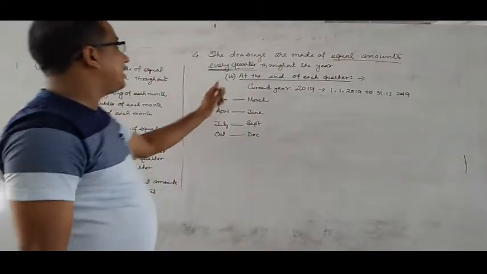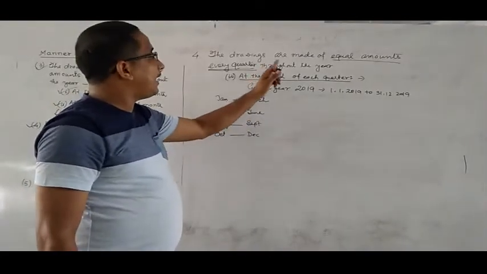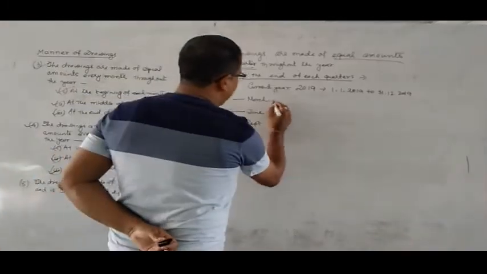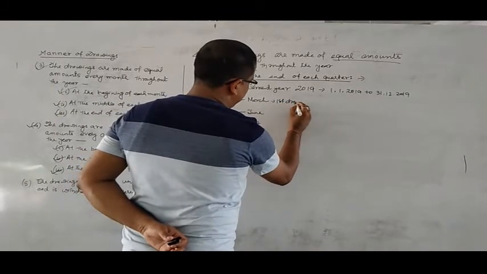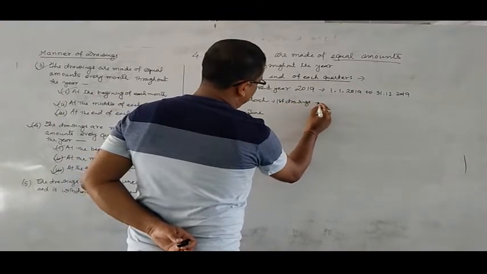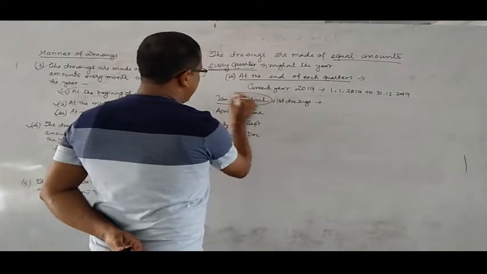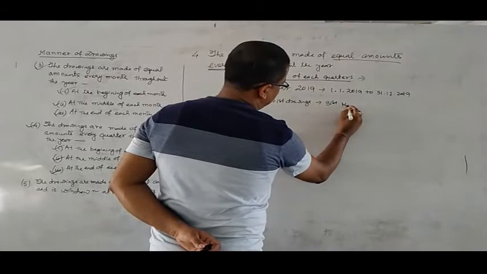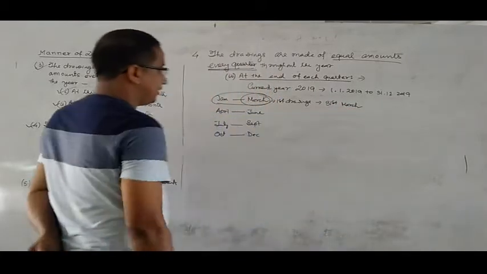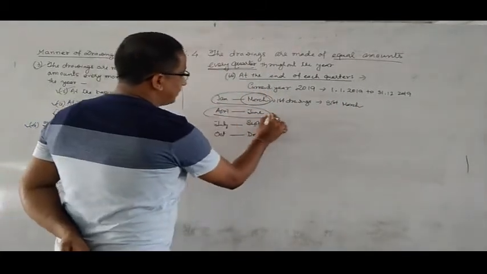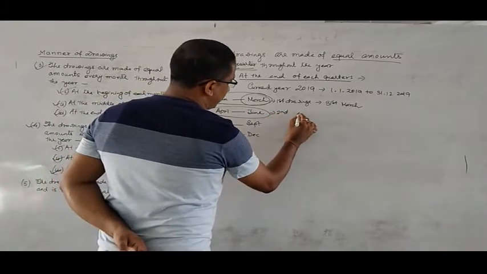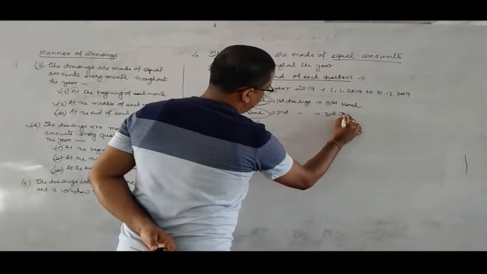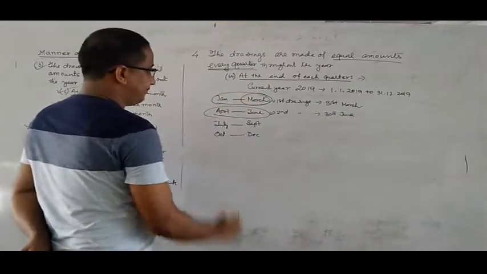If the drawings are made at the end of each quarter, then our first drawing took place at the end, meaning the last day of the month, 31st March. April to June, second drawing, last day 30th June.